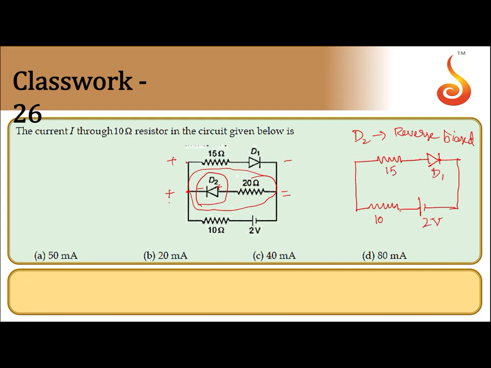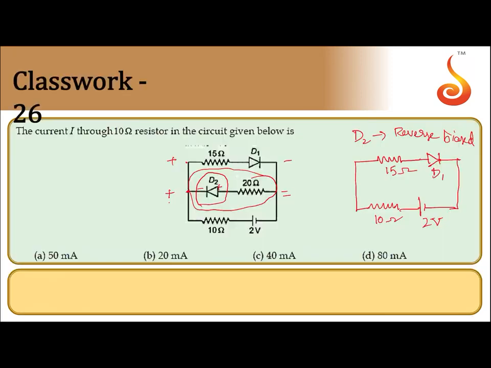If you assume it to be an ideal diode, then it doesn't offer any resistance. Then the current through the 10 ohm resistor is nothing but the current drawn from the battery. So the current drawn from the battery should be battery voltage 2 volt divided by total resistance.